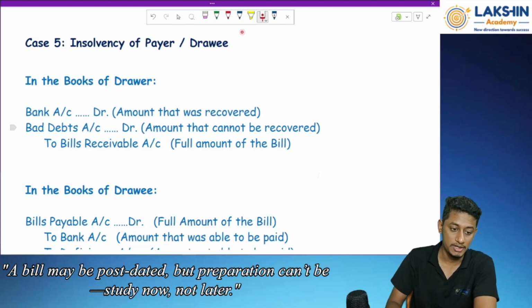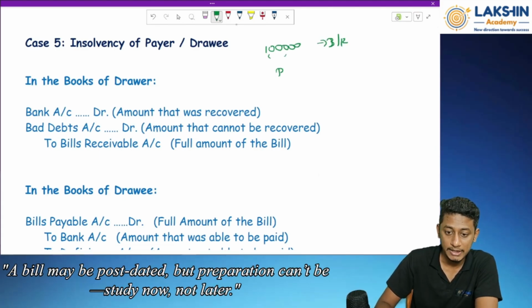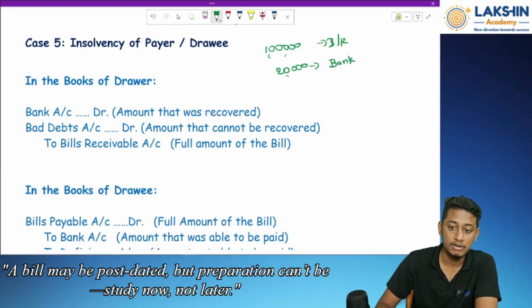Now what is the entry to be passed? See, let us say 1 lakh was the amount of bill of exchange created, bill receivable. He makes the payment of, let's say, only 20,000 rupees out of the whole amount. Only 20,000 is received in my bank account. So the remaining amount of 80,000 rupees is called what?